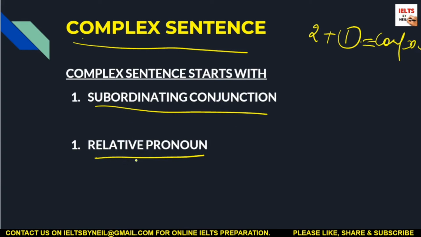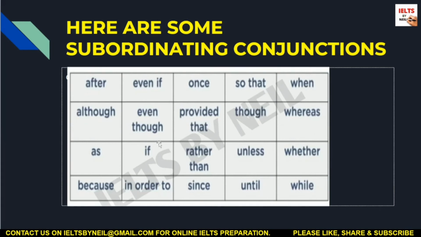So let's see what the subordinating conjunctions are, how many there are, and how many relative pronouns we have. Here is the list of some of the subordinating conjunctions. I'm sure you have been using these words regularly in your writing and in your speaking.